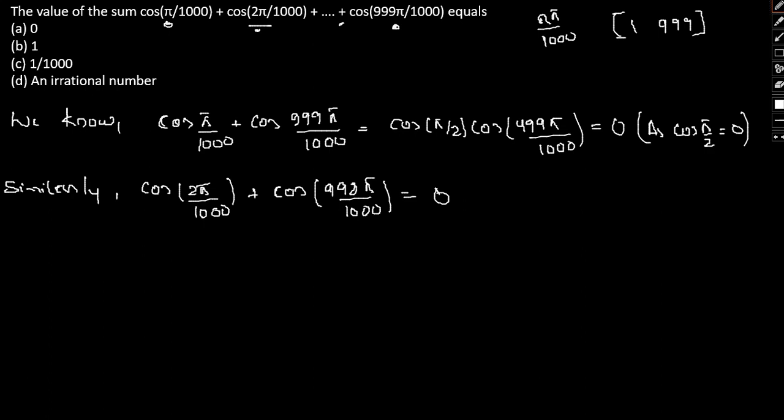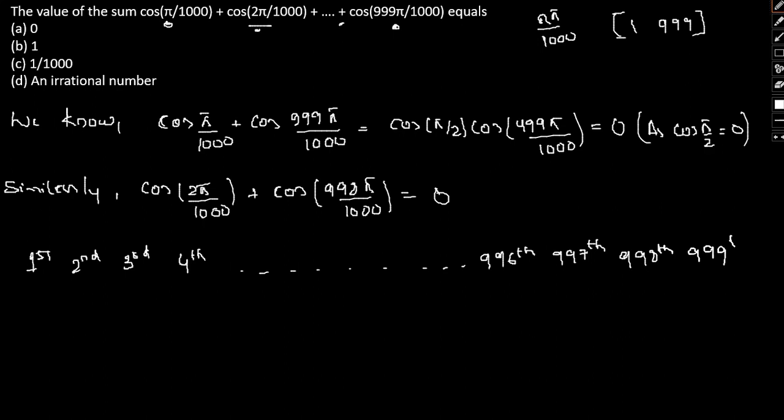So if we take a look at the series, suppose this is the first term, second term, third term, fourth term, dot dot dot, this is the 996th term, 997th term, 998th term, and 999th term.